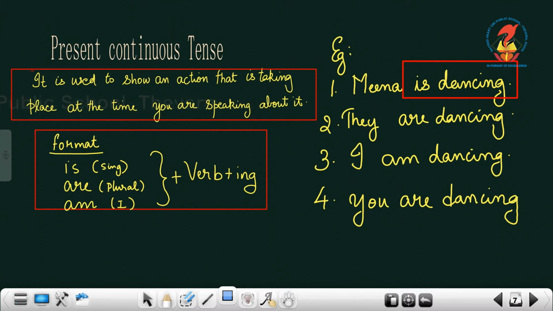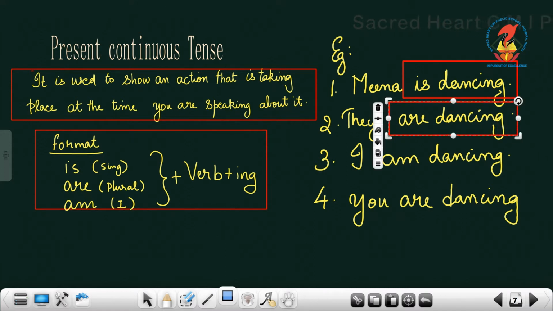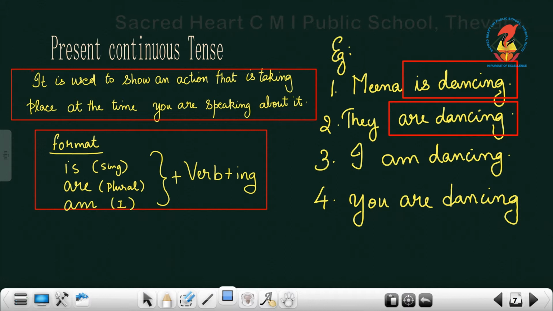So we get Meena is dancing. In the second case, you see, they are dancing. They means it's a plural, not one person, more than one person. So we say they are dancing. They plus are plus dance plus ing.